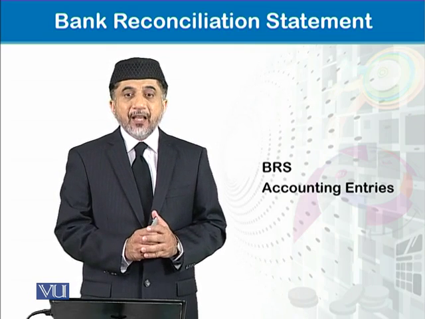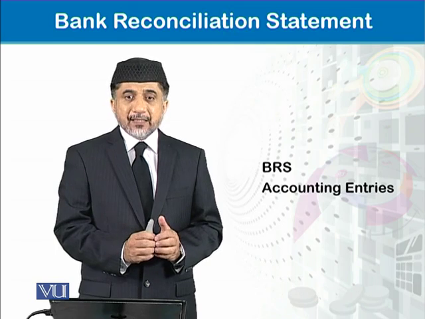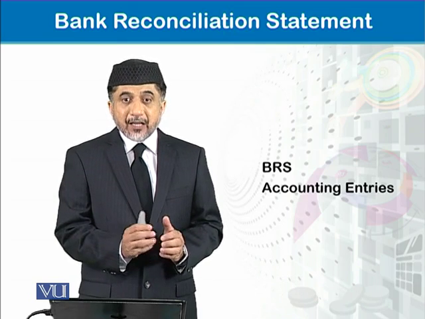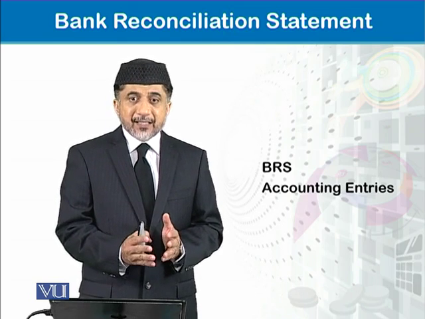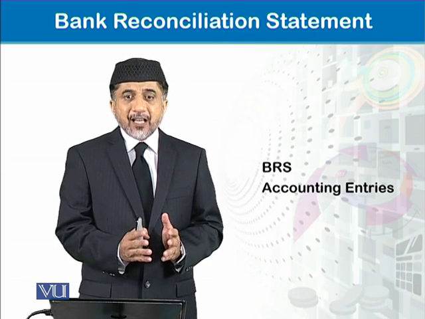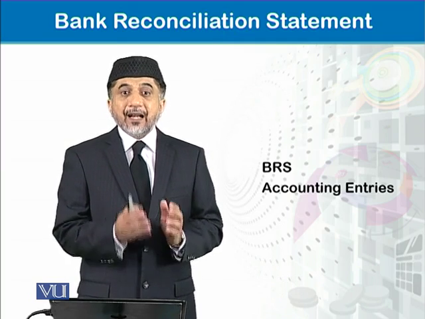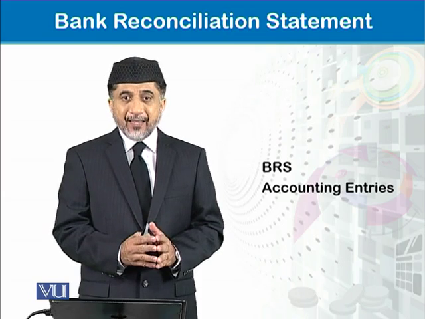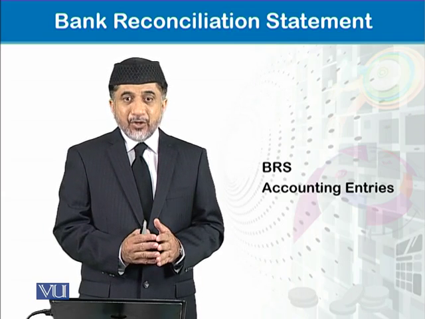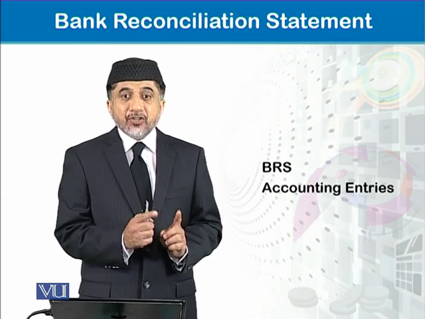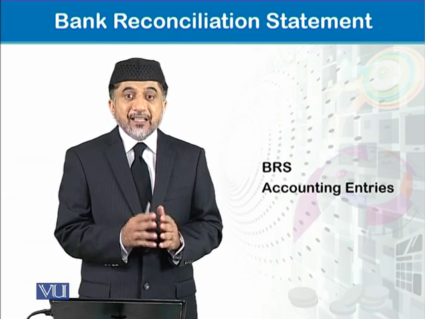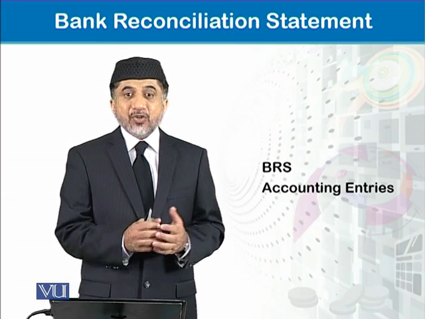By the way, what we show in the bank reconciliation statement are uncollected checks and unpresented checks. These are the checks that we have already recorded correctly in our cash book. It is the bank which has not yet recorded these unpresented and uncollected checks in its own record.